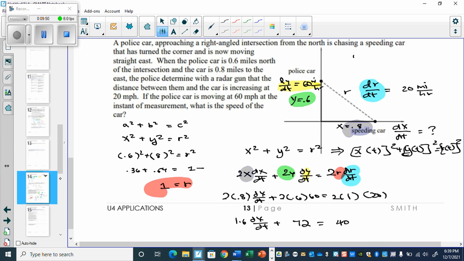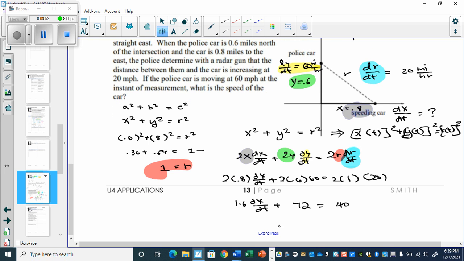Subtract that on both sides, and it looks like the speed is decreasing. So dx/dt equals 72 minus 40 over 1.6. That's going to give me 32 over 1.6, and I'm going to get 20 miles per hour. And guess what? It's negative 20 miles per hour. Preferably, you would write negative 20 miles per hour.